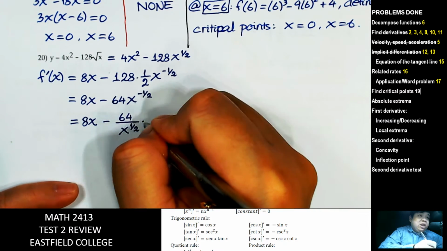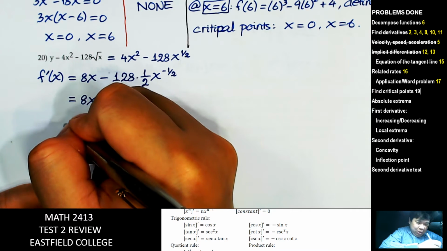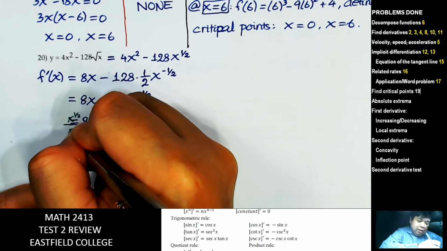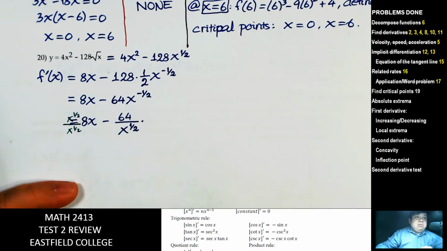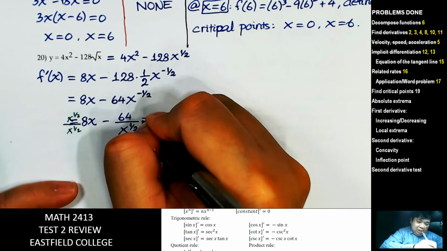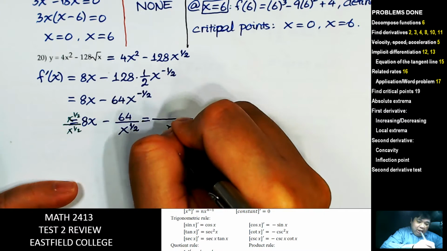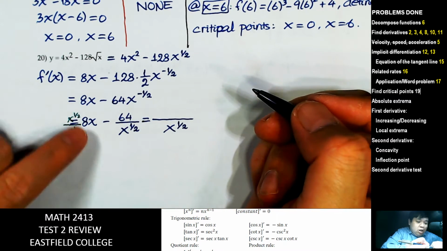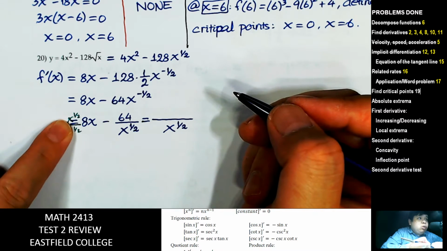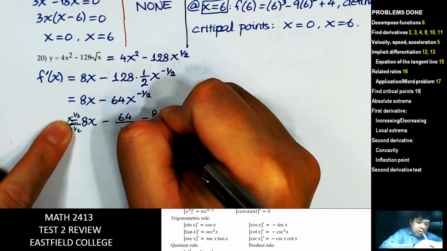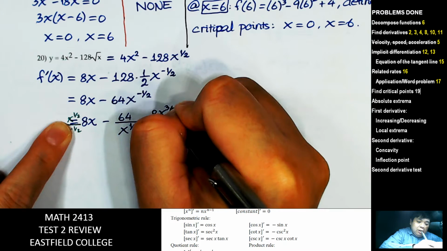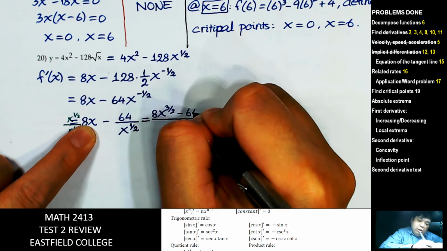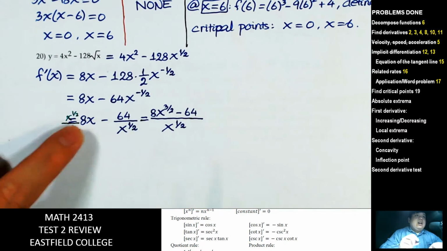So I multiply the 8x, x to the 1/2, top and bottom to have the common denominator of x to the 1/2. The top we have 8x times x to the 1/2 will be 8x to the 3/2, since 1/2 and 1 is 3/2, minus 64. Right, so that is the derivative.